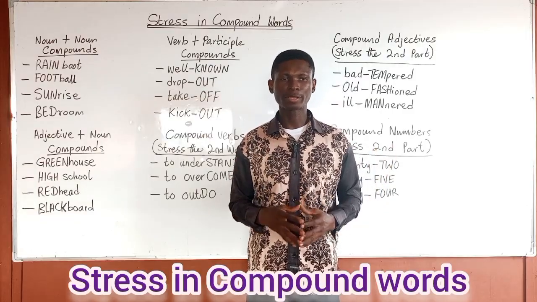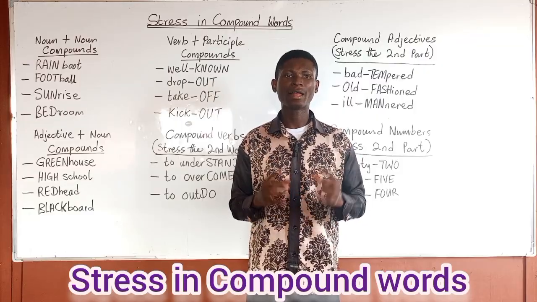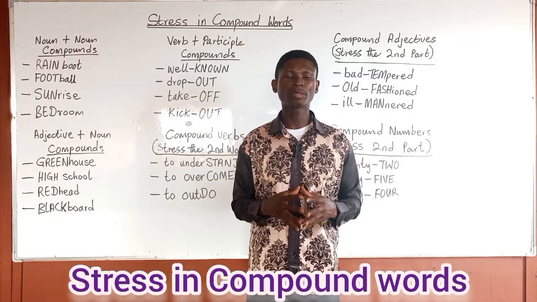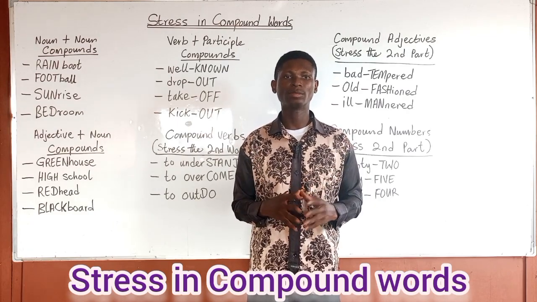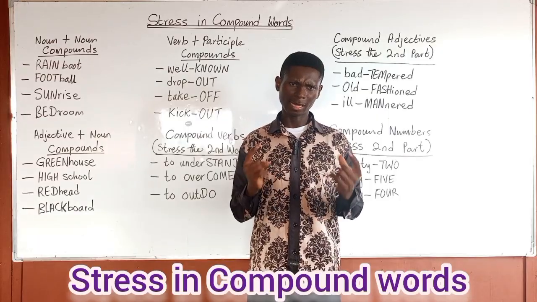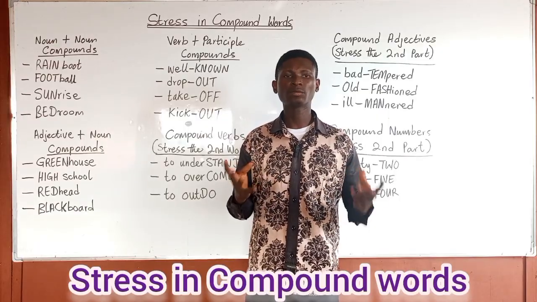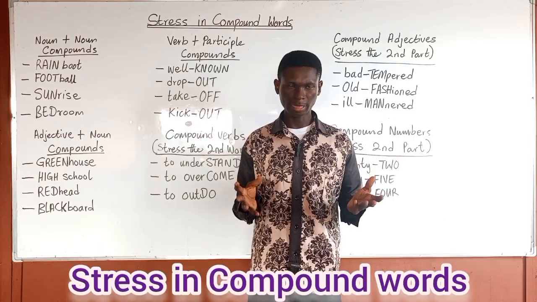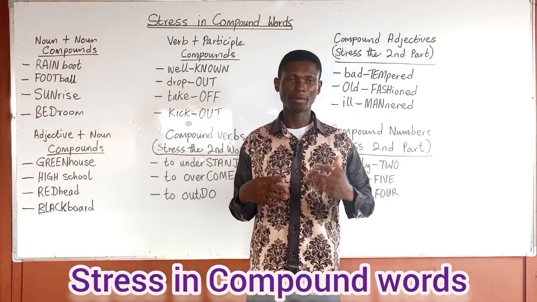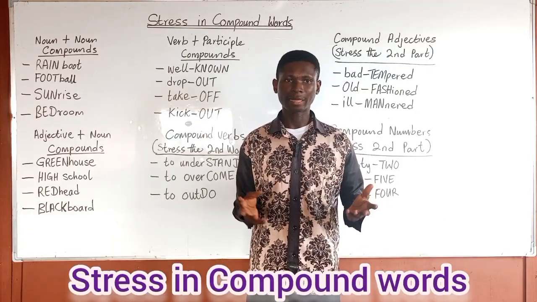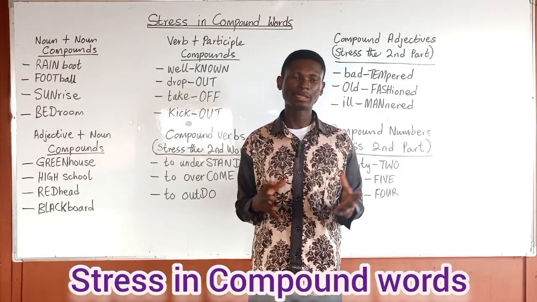What are compound words? Compound words are those words formed by the addition of two lexical items together. So it can be lexical items of different word classes. It can be a noun and a noun, a noun and a verb, an adjective and a noun, and so on.